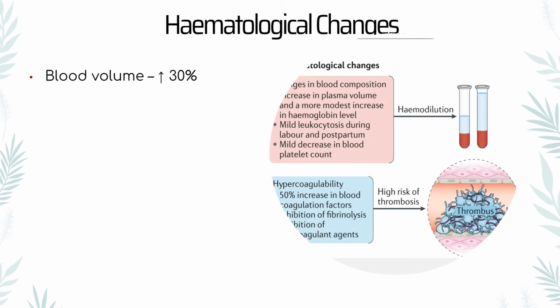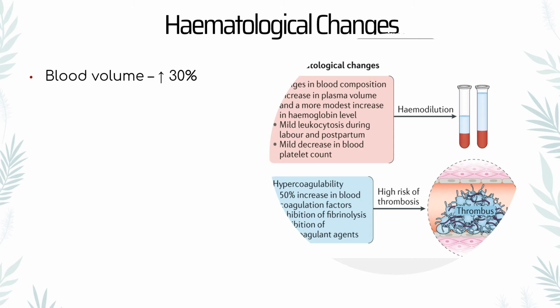Hematological changes. The blood volume increases during pregnancy to increase the blood supply to the uterus, skin, and the kidney. The total blood volume increases by 30%.